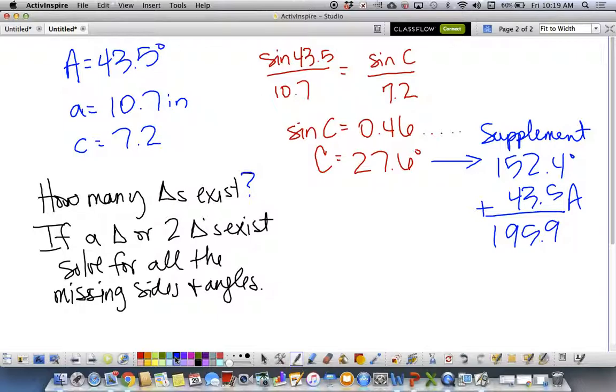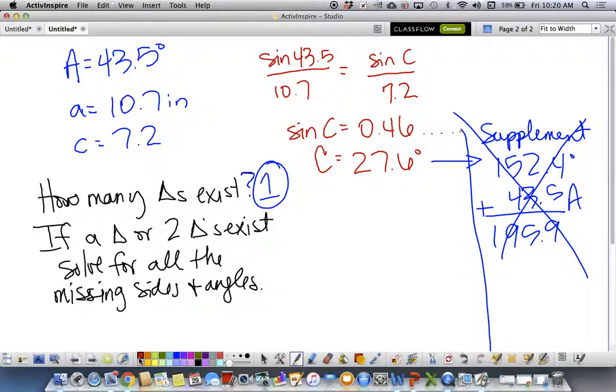Can we have another angle if those two angles add together to be more than 180? No. So how many triangles do we have? Just one. So we're going to mark through that. We're not going to do that side over there at all, because another triangle cannot exist. I'm leaving that blank. I'm going to solve for my triangle.